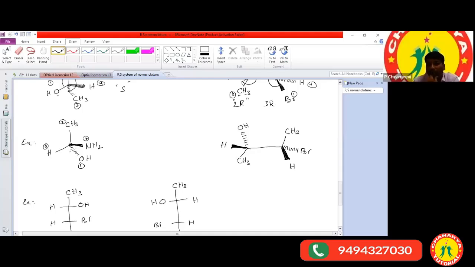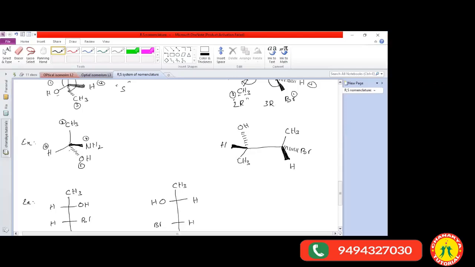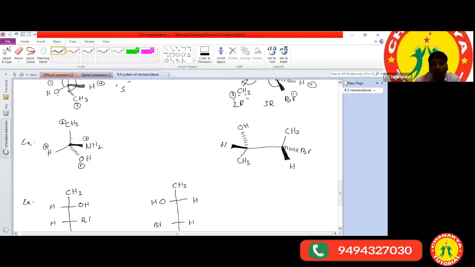Sir, Anjan, you are asking some doubt. Is it R, sir? I'm thinking about R. 1, 2, 3, anti-clockwise direction. Correct only, it is R isomer, Anjan. What is the condition?